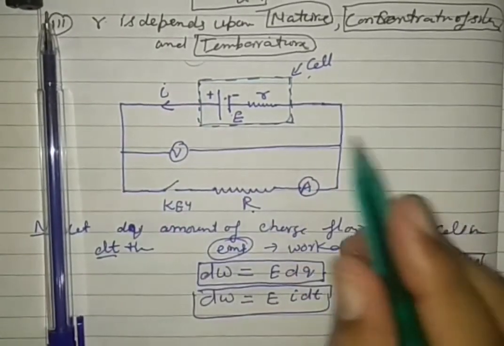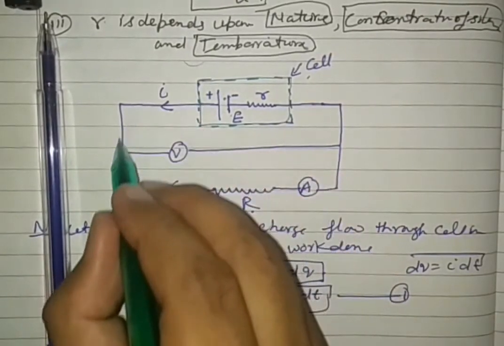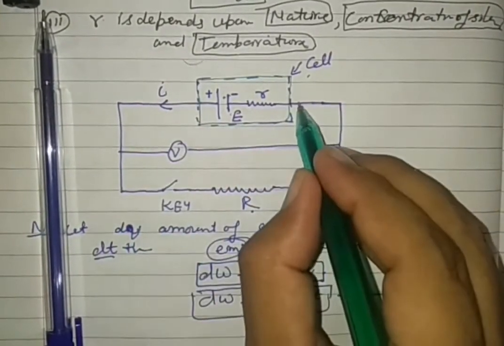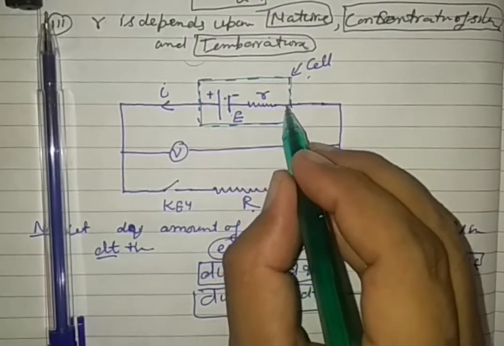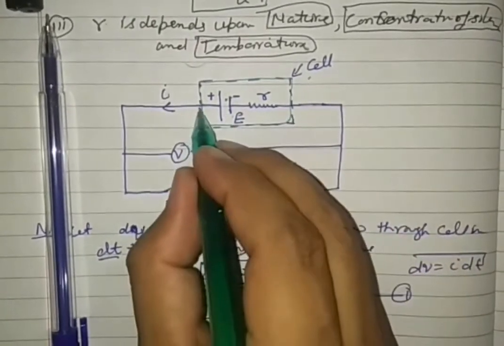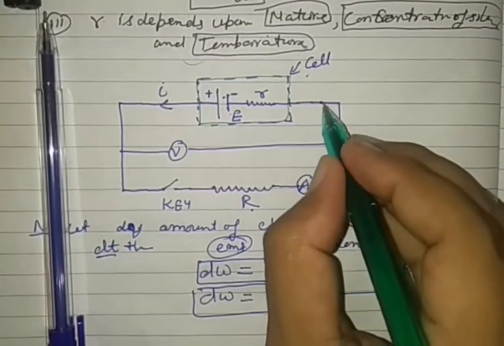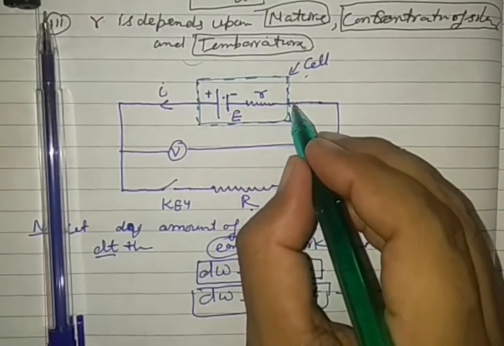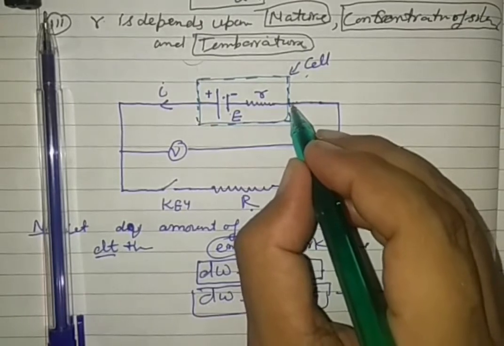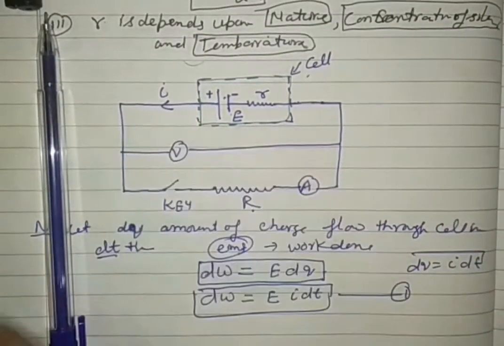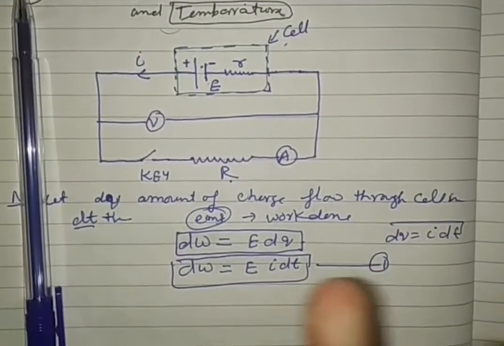This current is flowing within the cell and outside the cell also. So work is done to maintain the current within the cell, and work is done by the cell to maintain the current outside the cell in the external circuit, right? And total work done is given by equation number 1.